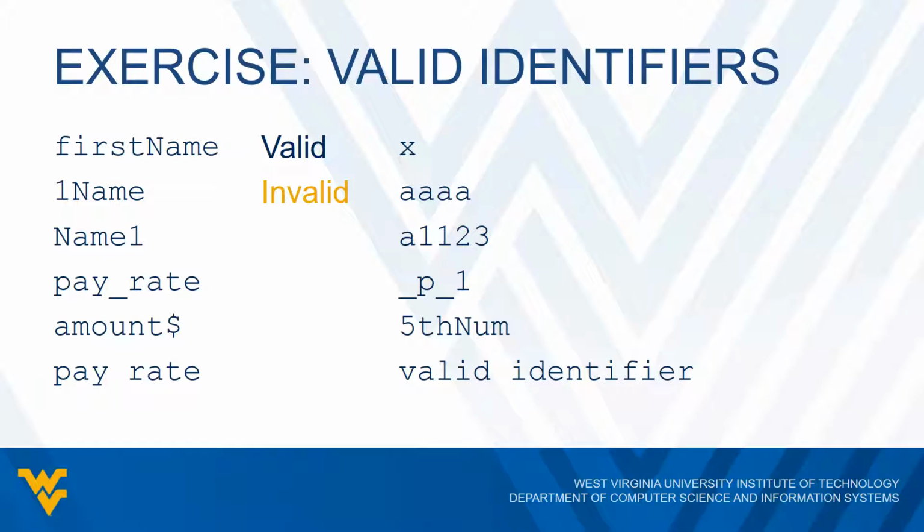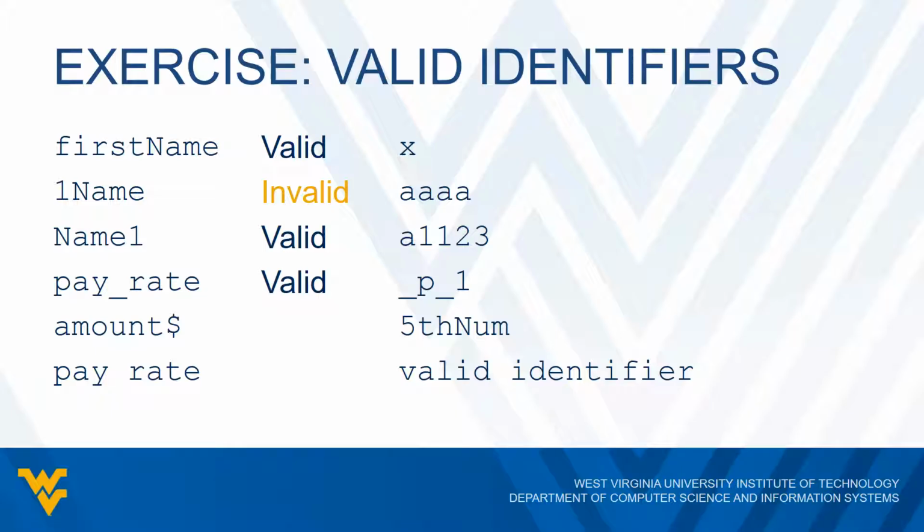So our rule is that identifiers can only start with letters or an underscore. Since this starts with a number, this is not a valid identifier. Now, name1 is a valid identifier, and that's because it starts with a letter, so that's perfectly fine. And then we have a bunch of other letters, and then we end with a number. So letters and numbers are perfectly valid characters for an identifier.